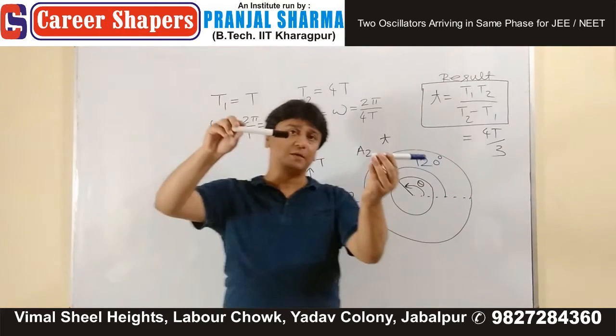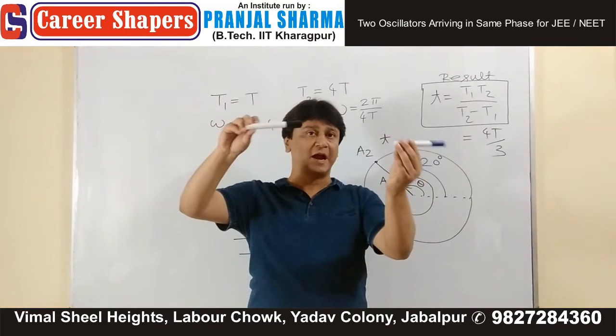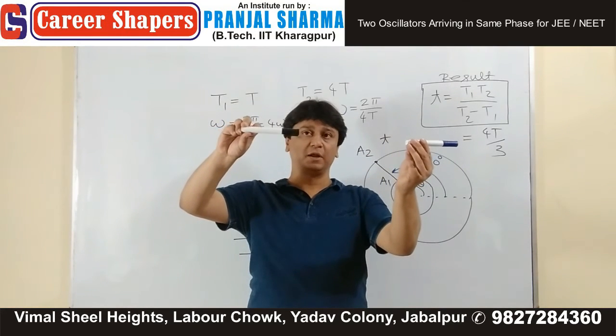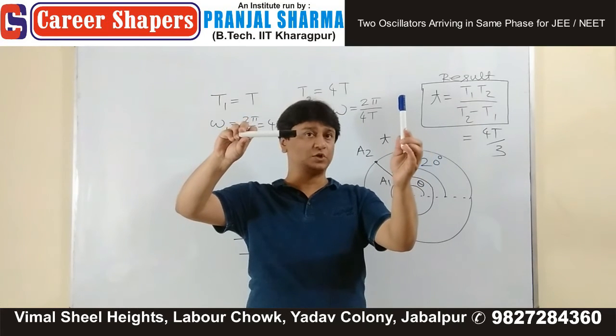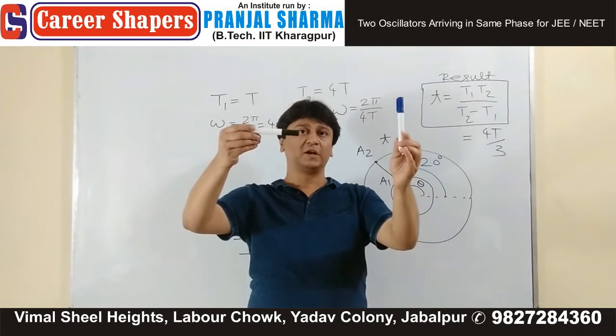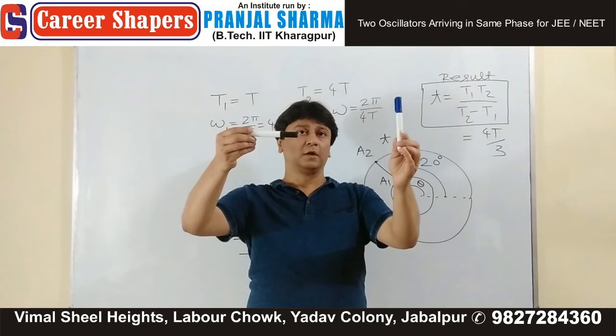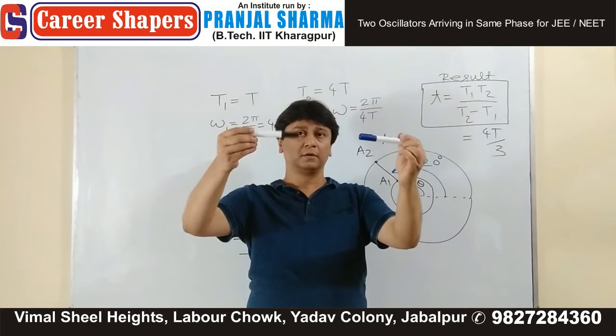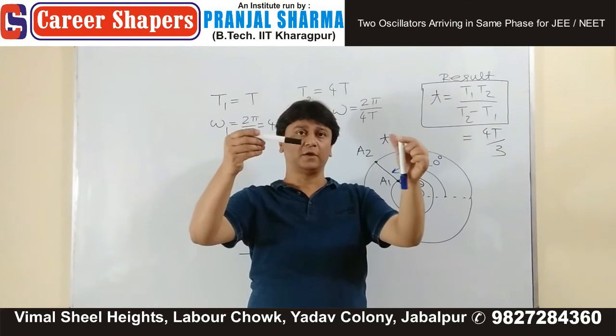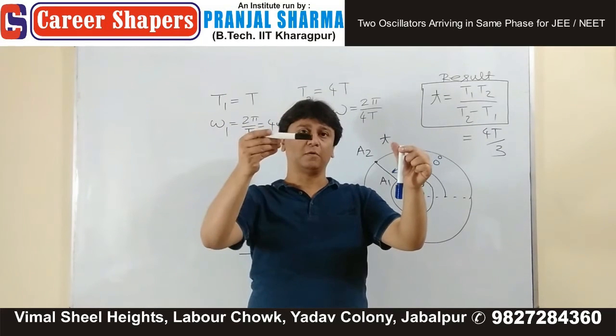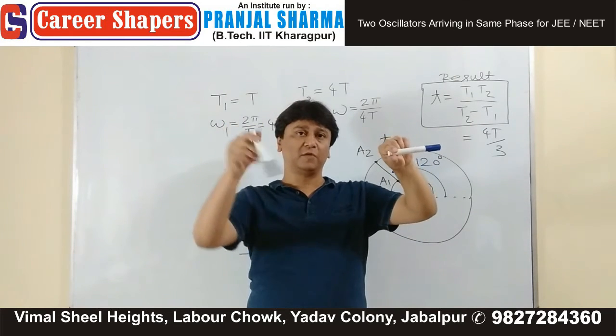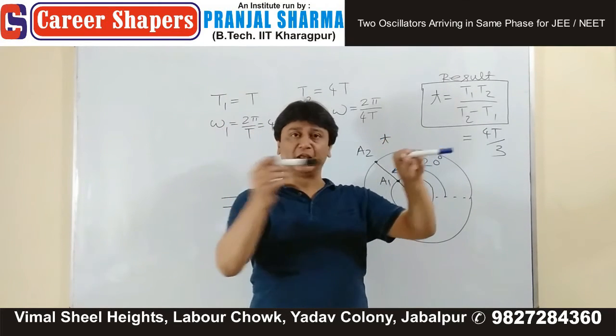Something like this happened. After time t, this covers 1/4, the other one a complete round. Another t, complete round. Another t, complete round. Another t, complete round. They both are pointing in the same direction.